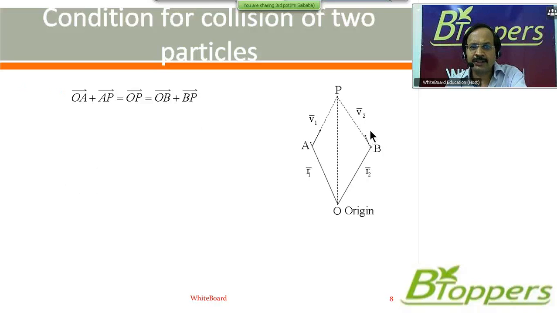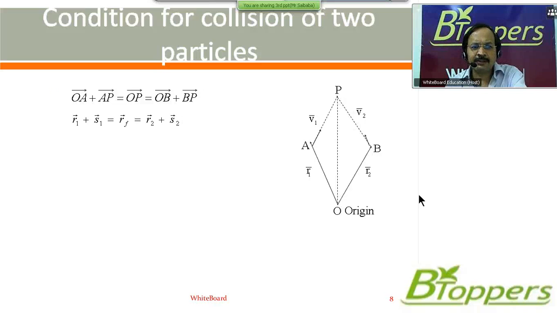And the two particles collide with each other at the point P. So from the triangle law of vector addition, you can write OA bar plus AP bar equal to OP bar. Similarly, for the other triangle, you can write OP bar equal to OB bar plus BP bar.